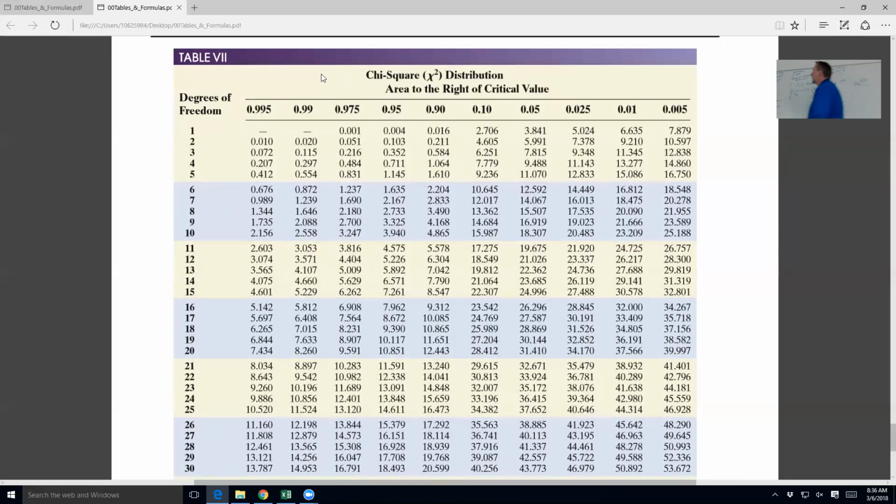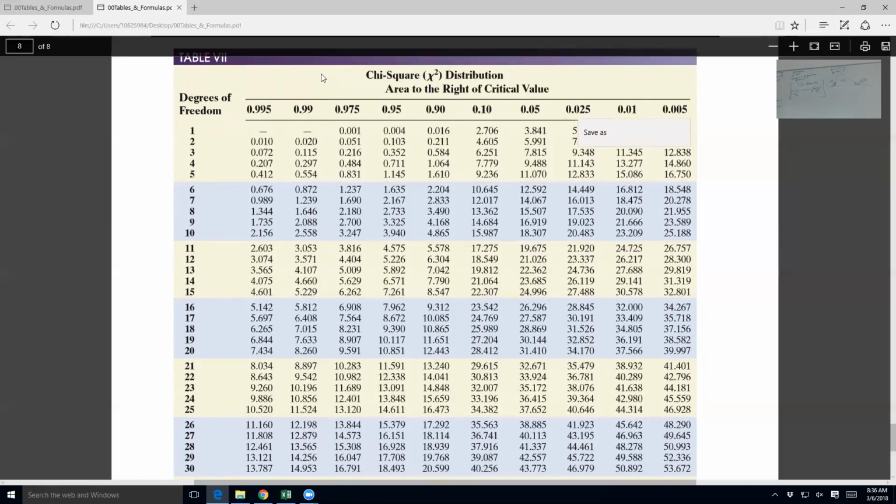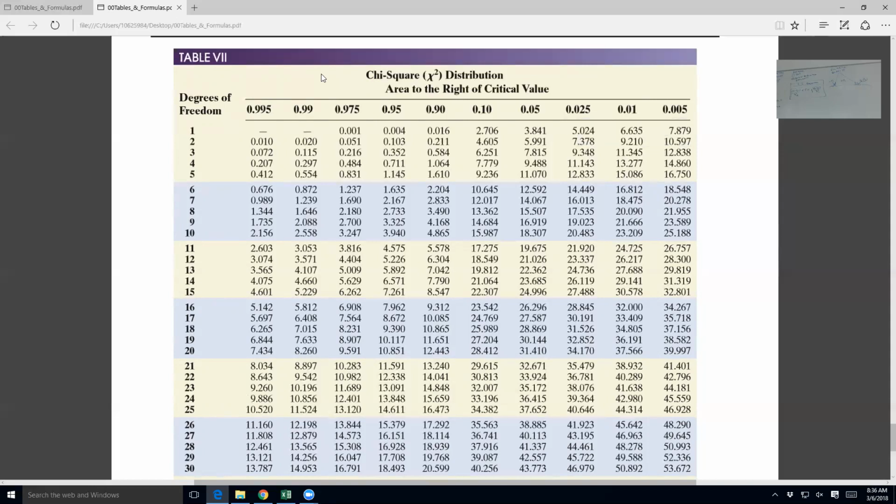So I'm going to look at 0.025, and I've got 14 degrees of freedom. So this value here is 26.119. That's the chi-squared on the right. Now remember, the right's going to go on the left when you do this. You're going to see why in a minute.